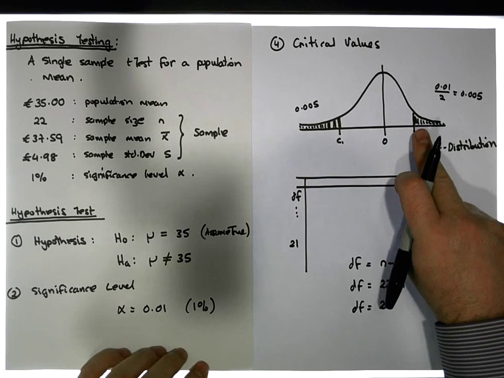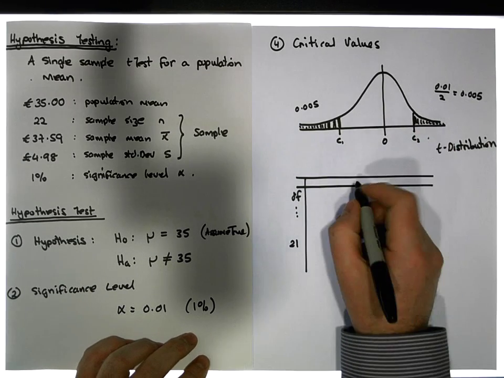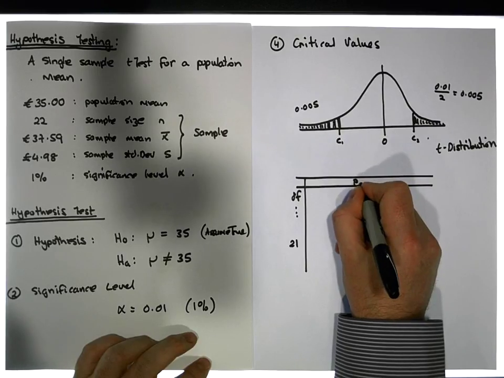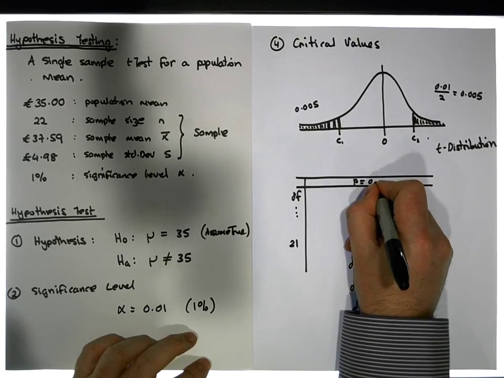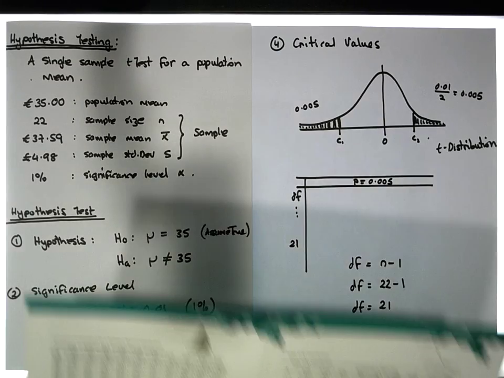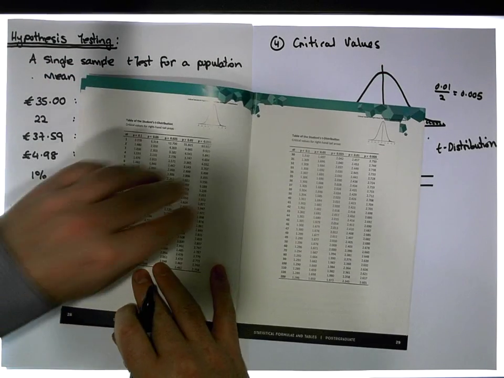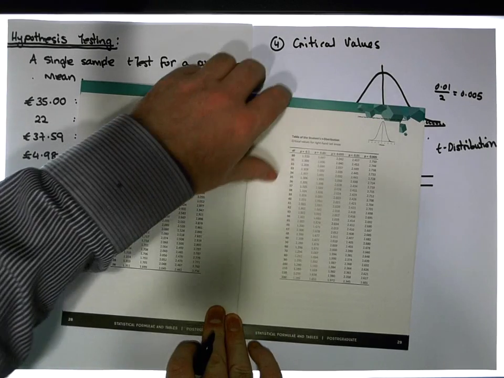And the amount of area that we have in our right-hand tail is 0.005. So the probability in the right-hand tail is 0.005. It's a two-tailed test. We've provided students with tables that allow them to calculate these critical values with respect to the t-distribution.